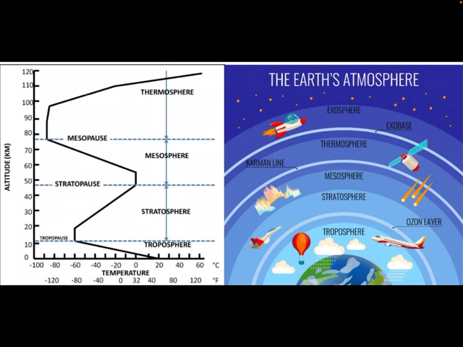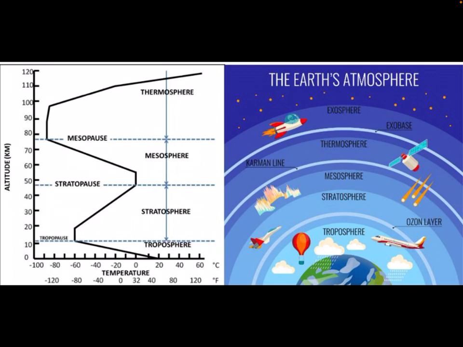Next from the stratosphere is the mesosphere. Mesosphere is known for its resistance to meteors. Most meteors burn up in the mesosphere due to the thin air present there.